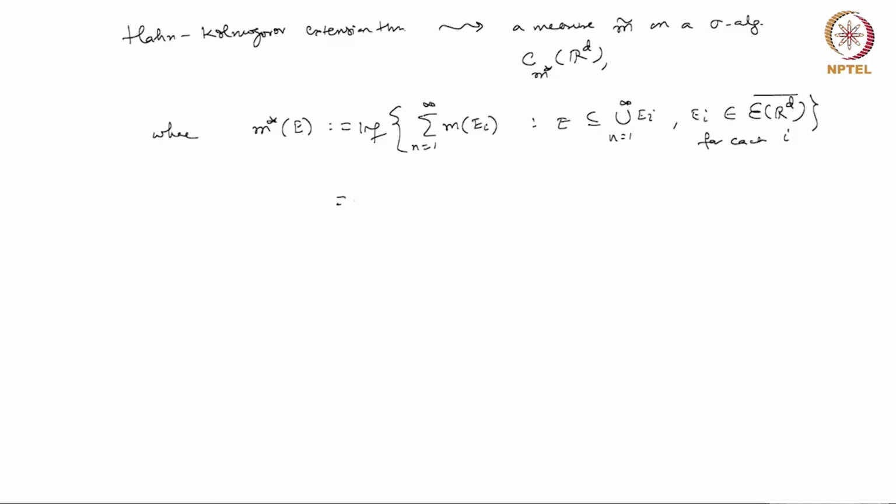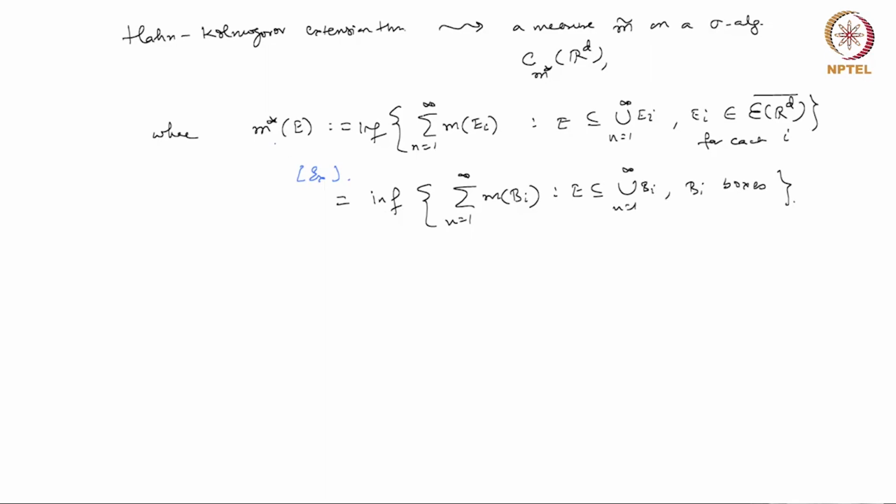So in fact, one can show that this is the same as the outer measure that you get from just using boxes, Bi boxes. So this is an exercise for you to check that these two things are the same.